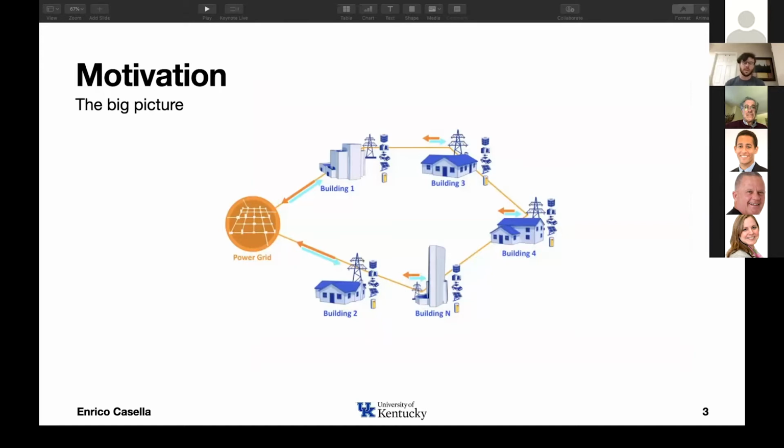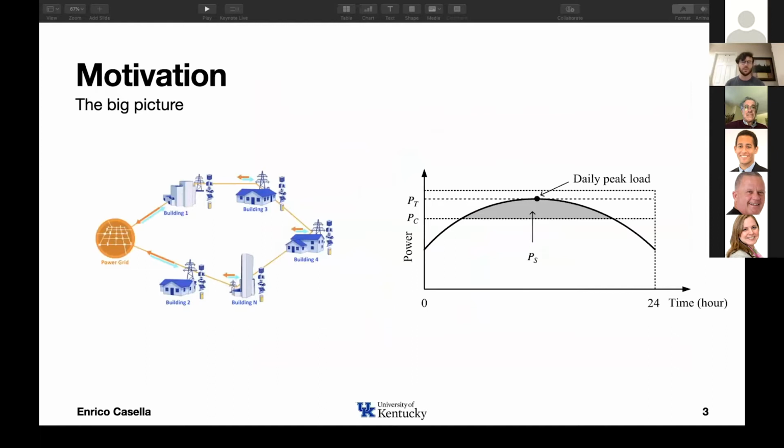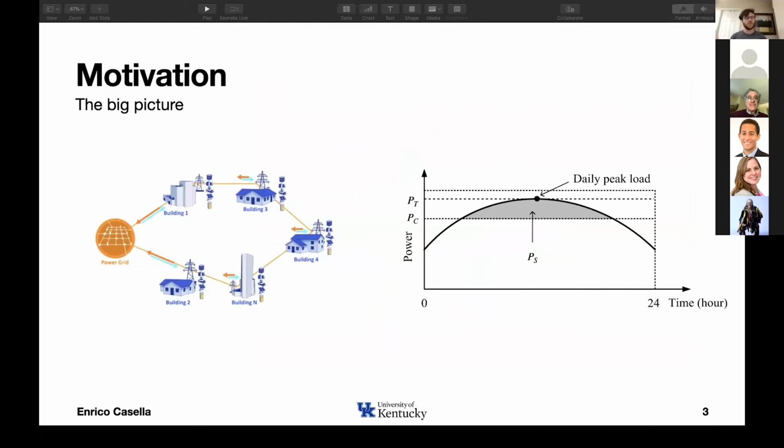You can picture a scenario where, on one side, a utility company provides electricity to a given number of residential buildings. The main goal of this work is this: suppose there is a very high demand from all these houses that are requiring a lot of energy for different reasons.